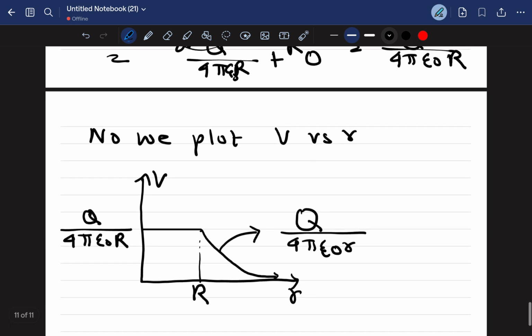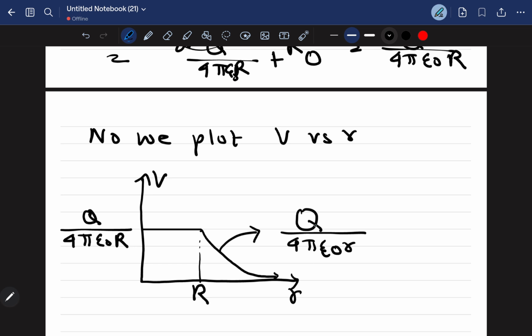Here you can see the plot of the potential versus distance from the center of the charged metallic shell. Till the radius R, or the surface of the shell, the potential is constant, given by q by 4 pi epsilon naught R, where R is the radius of the metallic shell. But just outside the shell, the potential becomes a function of the distance.